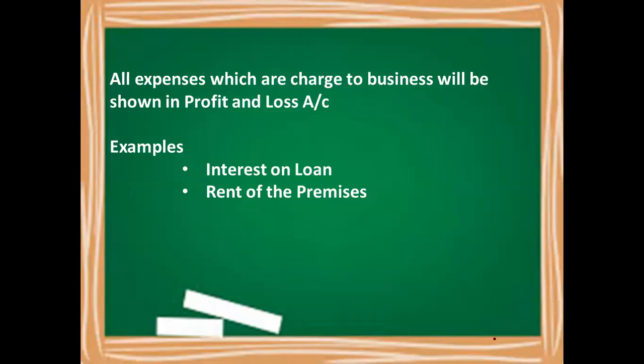For example, salaries of the employees, office expenses, selling and distribution expenses, interest on loan, rent of the building, all these expenses are called charges, because whether the firm earns business profit or not, these expenses have to be paid. So all these expenses are to be shown in the profit and loss account.